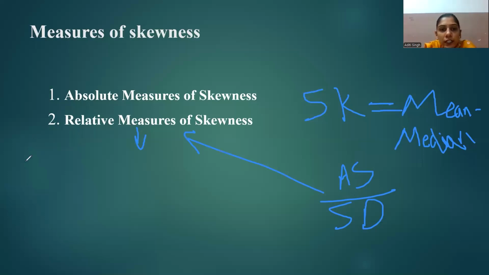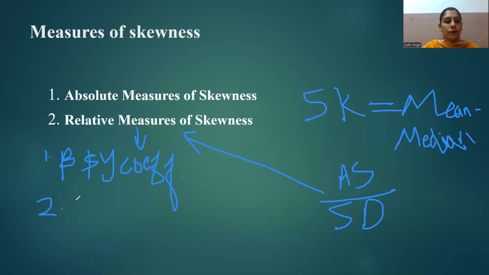For relative measure, the first method is the beta and gamma coefficient.